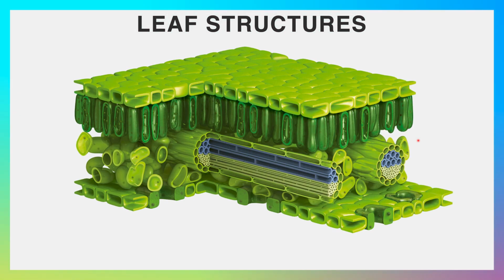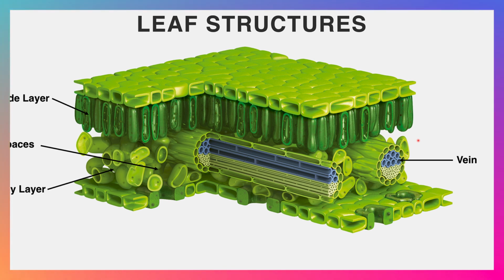And so here's a diagram showing you these various structures. The palisade layer is shown here on the left, and you can see the up and down or sort of palisade version of this. Palisade is a word that means standing upright like columns. And then the air spaces, which are supported by the spongy cells.